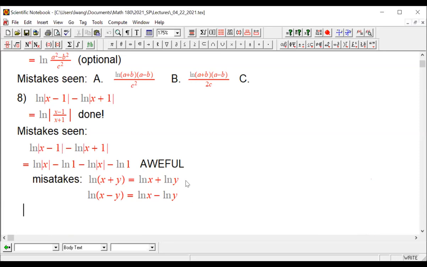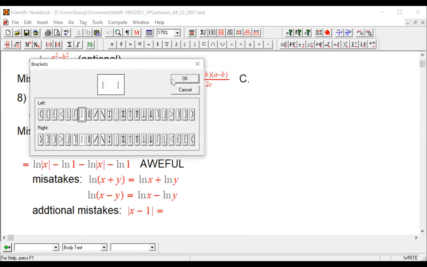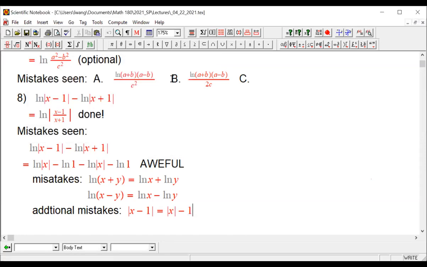The additional mistake, I'm speculating really, because I don't know exactly what's on people's minds, involves something like this, which is a terrible mistake. We pointed out in the absolute value part in the early pages, I believe page 3 on the notes.